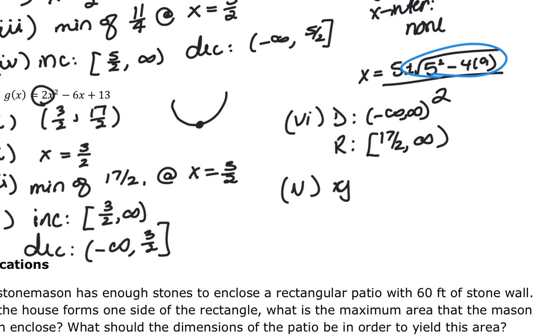So I'm going to start with the y-intercept again because it's the easier one. My y-intercept is (0, 13). My x-intercept is once again none. Why?